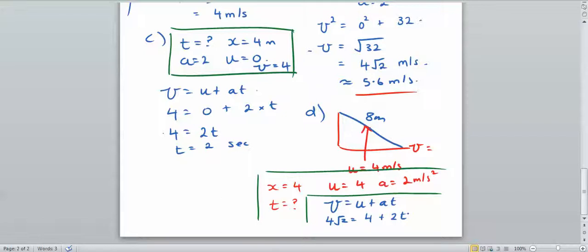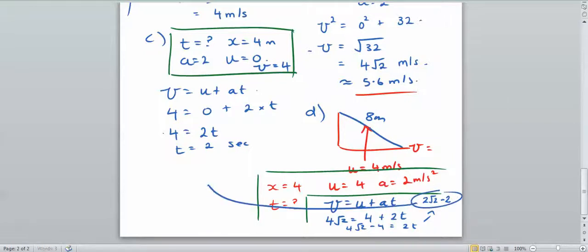Okay, so I'm going to rearrange this. I'm going to get the 4 over to the other side. We've got 4 root 2 take away 4 is equal to 2t. And therefore, we're going to divide both sides by 2 to get t by itself. That gives us 2 root 2 minus 2, and that's equal to the time.